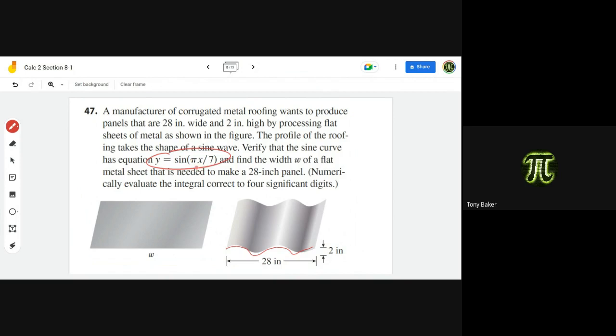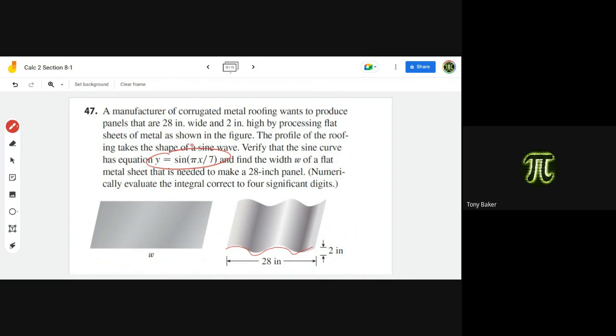It's already in terms of x. But to figure out how thick to make it, don't you have to change it into terms of the other one? We don't care about the thickness. It says it needs to be 2 inches high.